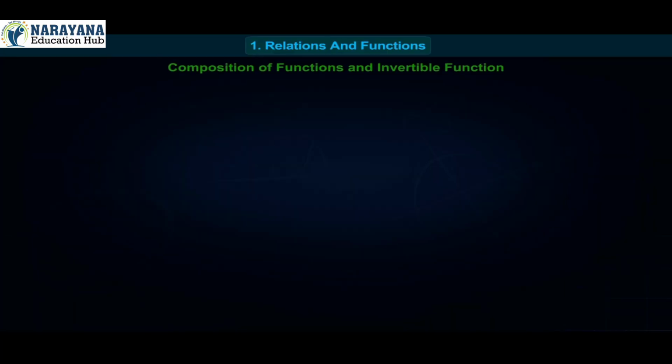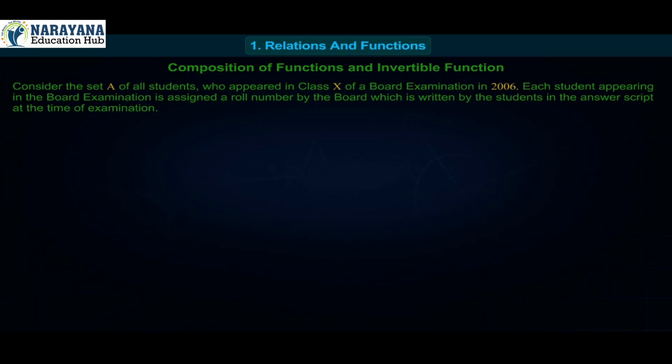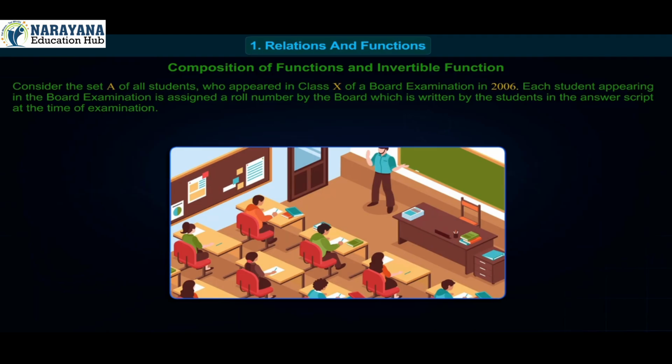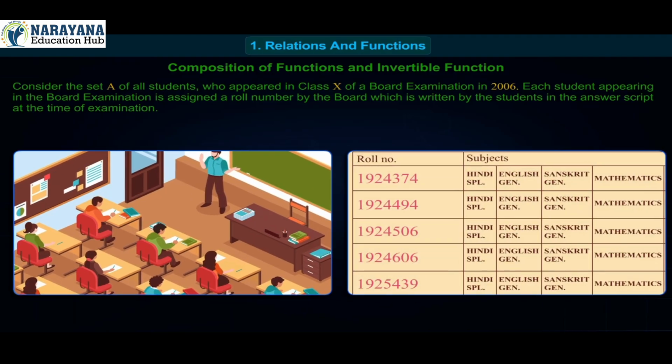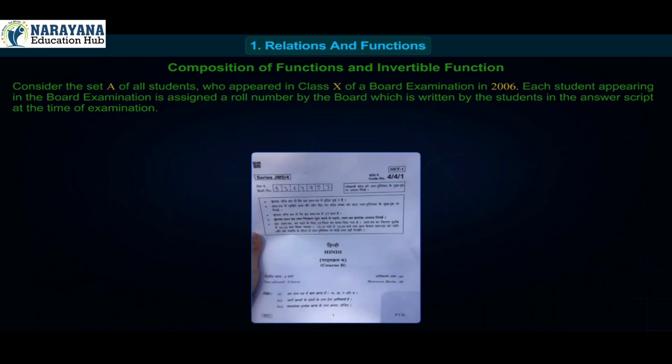Composition of functions and invertible function. Consider the set A of all students who appeared in class 10 of a board examination in 2006. Each student appearing in the board examination is assigned a roll number by the board, which is written by the students in the answer script at the time of examination.